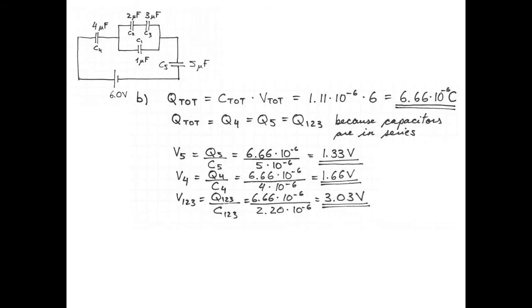The voltage across the equivalent capacitance of the parallel arrangement is 6.66 microcoulombs over 2.2 microfarads, and that is 3.03 volts. And you should always take this opportunity to check your work. The sum of the voltages across my capacitors is equal to 6 volts.